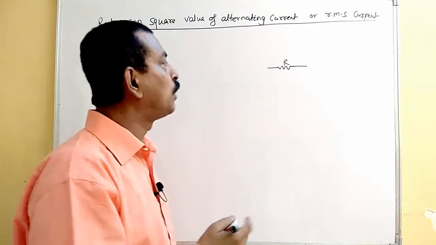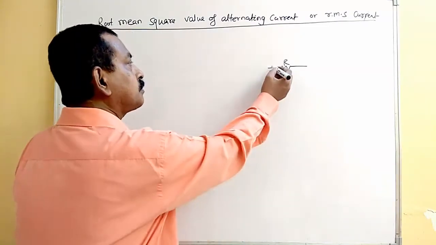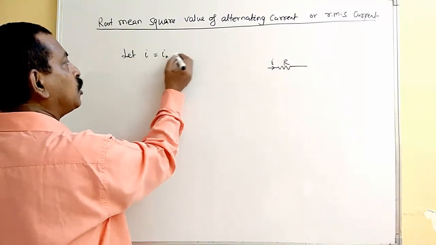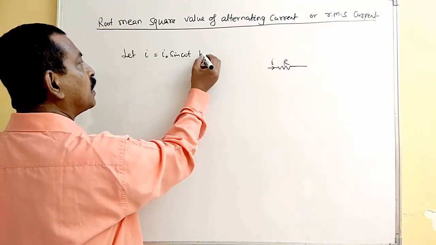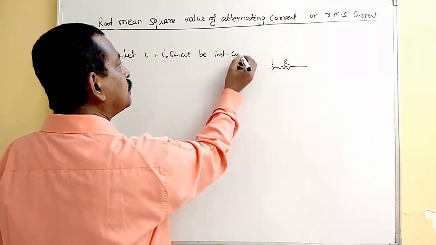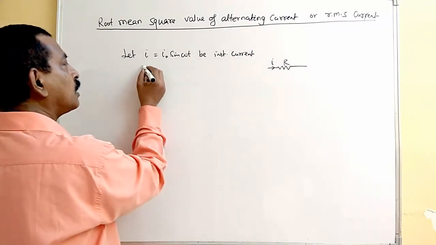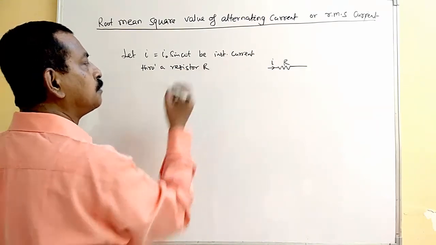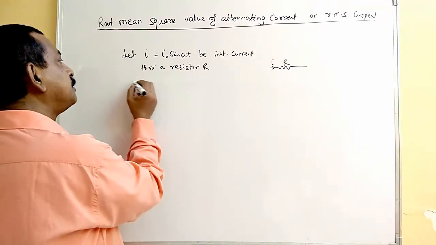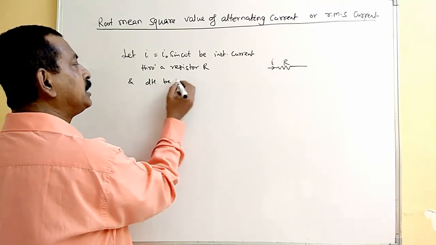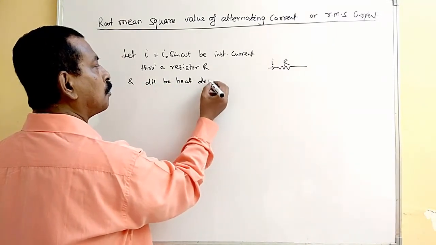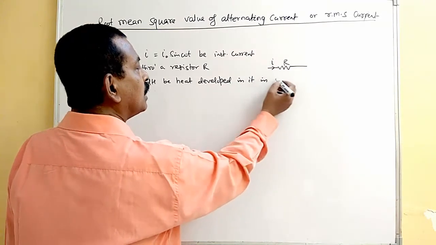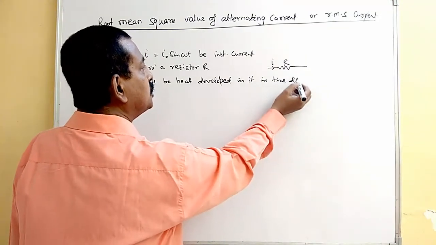So if you want to derive the expression for this, let I equals I naught sine omega t be the instantaneous current through a resistor R, and delta H be the heat developed in it in time dt.